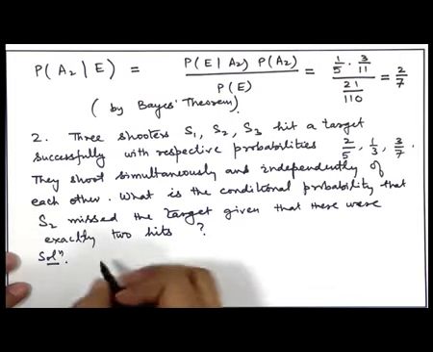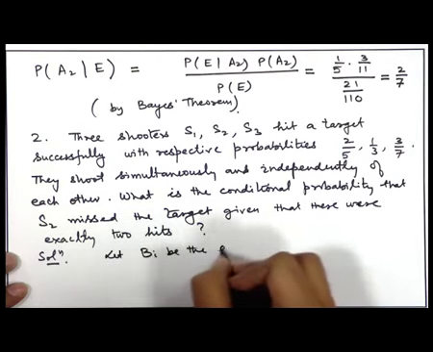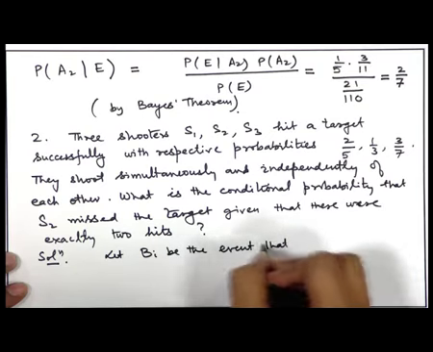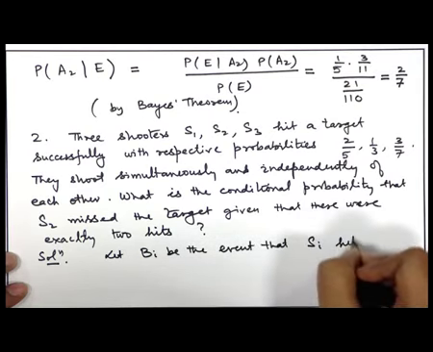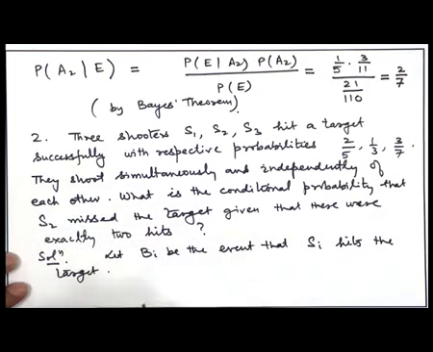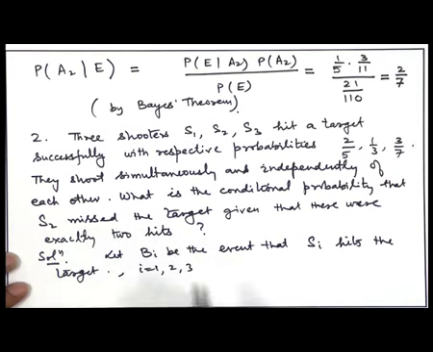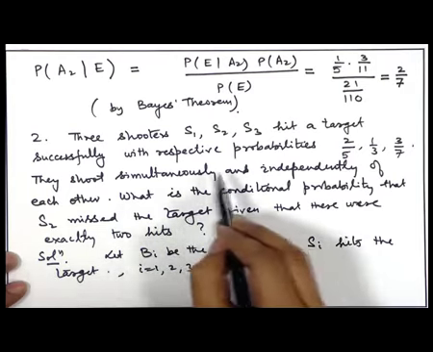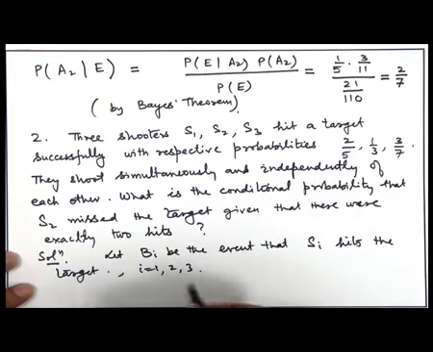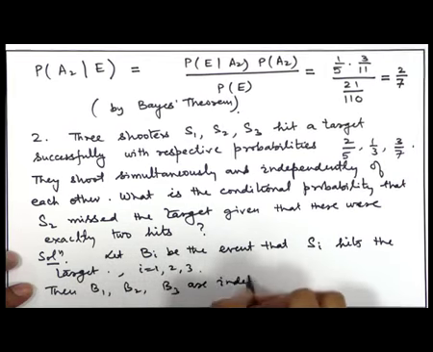So, let us define the events. We define event Bi that Si hits the target for i is equal to 1, 2, 3. Then the events B1, B2, B3 are independent, because it is given that the shooters shoot independently of each other.